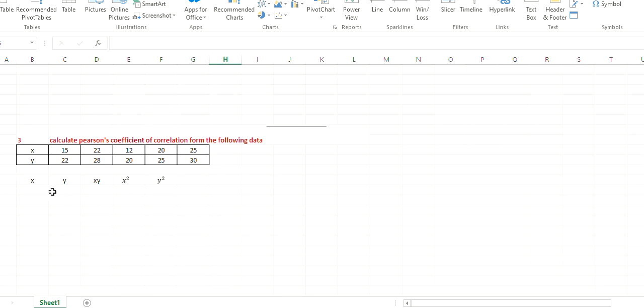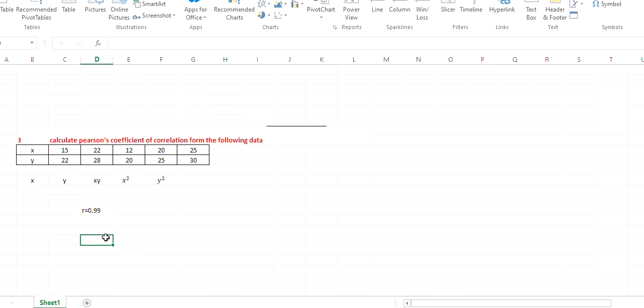With this example, I have to write down the values of x, y, calculate it and find out. So I'll just give the value of r, the final answer. Like r, you should get 0.99. So what is 0.99? Again, it is a high degree positive correlation.